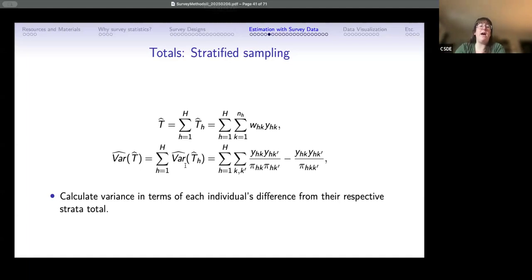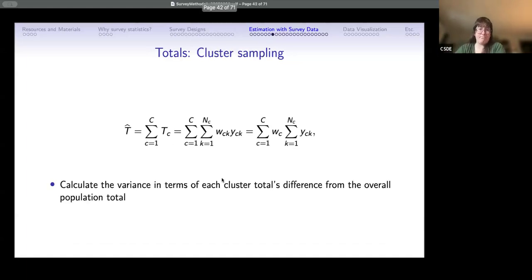And then, of course, strata are mutually exclusive from one another. So the variance of T hat is just the sum of the variances for each strata's total. There's no covariance between any two strata.